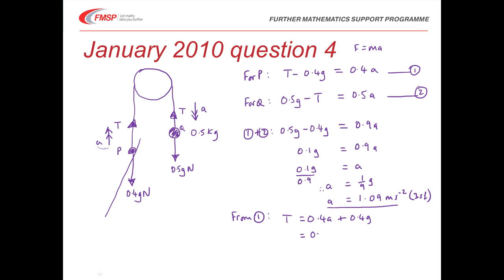That's 0.4 times, and for complete accuracy I use g over 9, of course 9.8 over 9. Don't forget, physicists don't use 9.81 in mechanics. And calculating all of that gives me 4.355, etc. And so that rounds to 4.36 newtons to 3 significant figures.